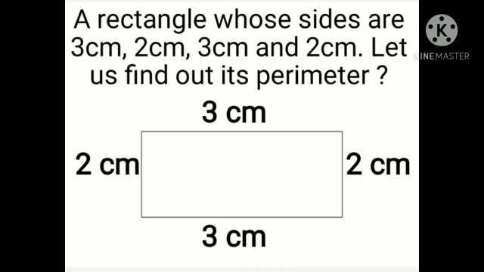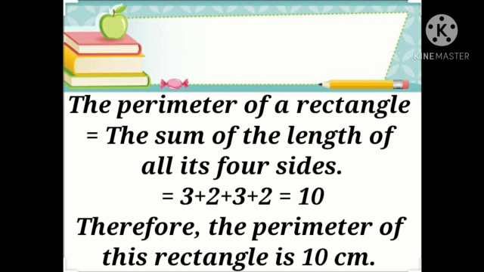So we have learned the formula, so we will apply the formula. The perimeter of a rectangle is equal to the sum of the lengths of all its four sides. That is equal to 3 plus 2 plus 3 plus 2. The answer we get is 10. Therefore, the perimeter of this rectangle is 10 centimeters.